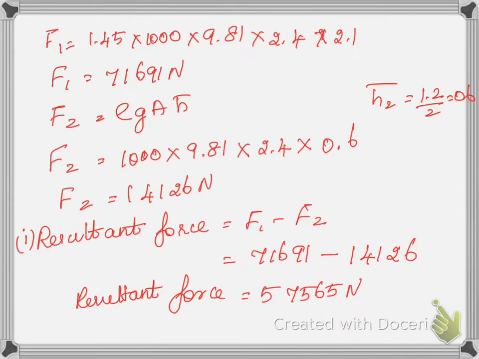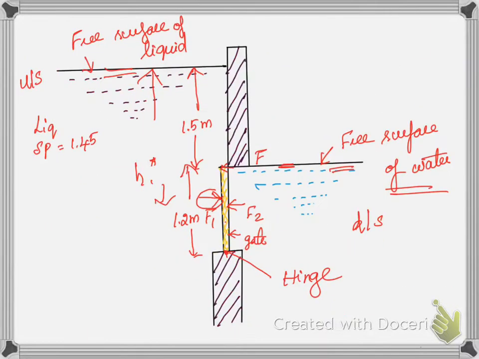Distance of F2 from hinge. If you take this F2, from the diagram we have to account from the free surface of liquid. So the free surface of liquid means the total height, which is nothing but 1.2 meter.